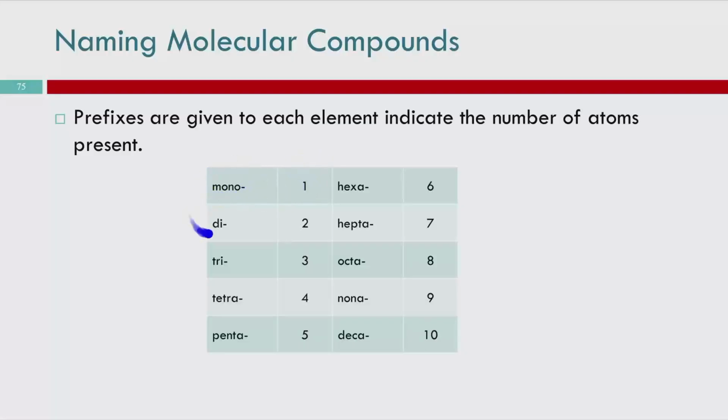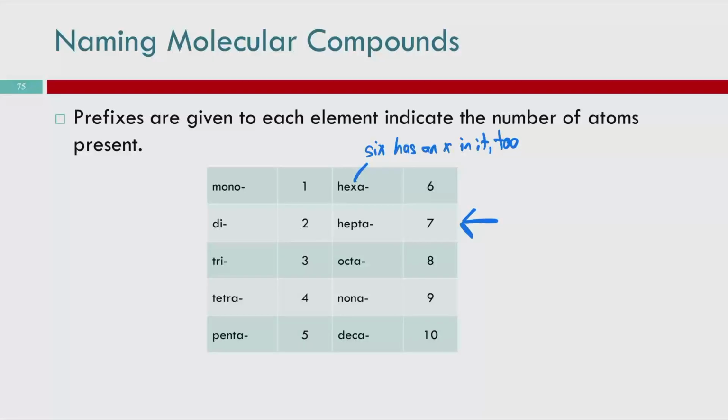So mono for 1, di for 2, tri for 3. Tetra might be a weird one for you, but that's for 4. Penta for 5, like the pentagon. Hexa for 6. Hexa has an X in it. 6 also has an X in it. Then we've got our first weird one, hepta.